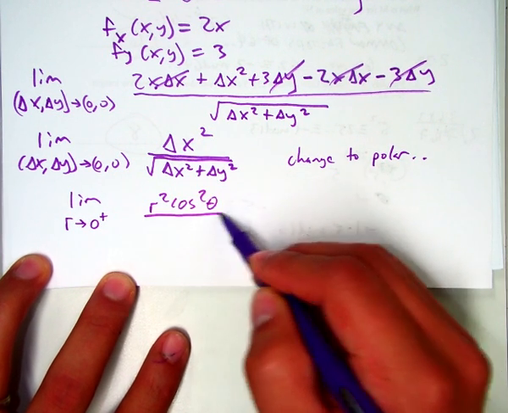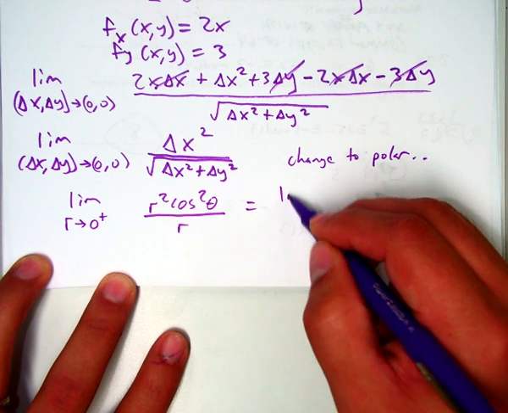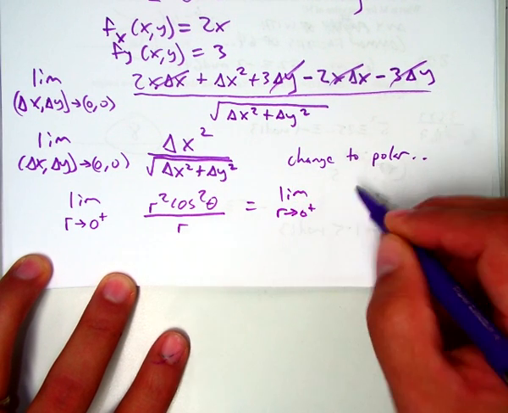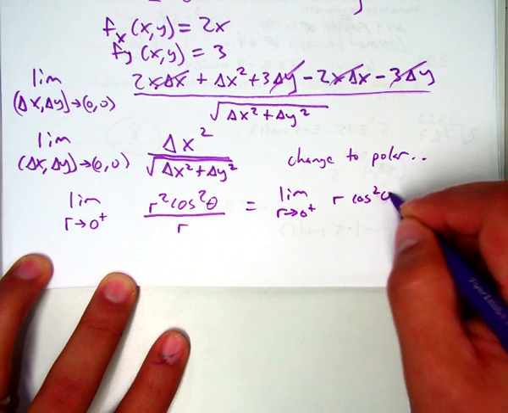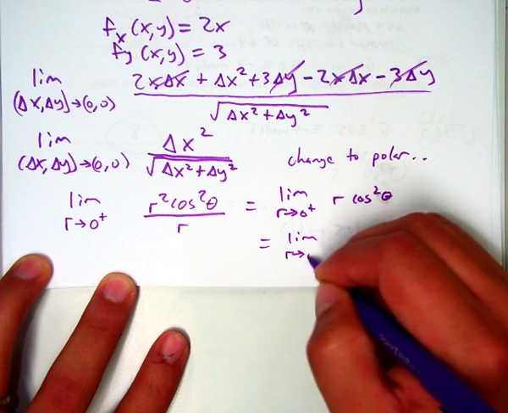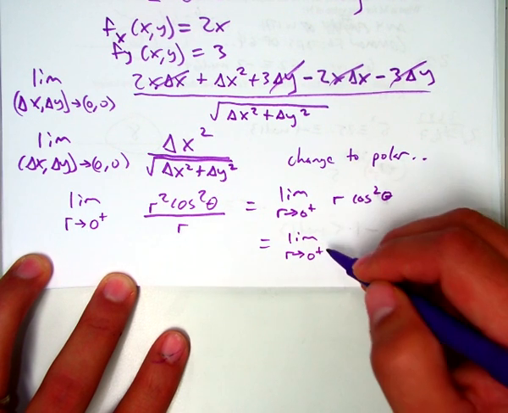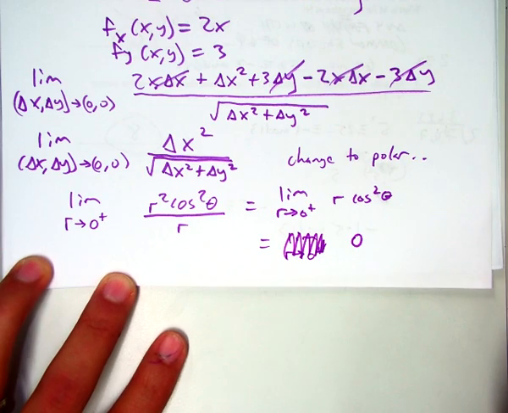Over r, which is the same as the limit as r goes to 0 of just r cosine squared theta, which is the same as the limit as r approaches 0 of, well, actually, it's just 0. Yeah, I don't know why I wrote that. It's 0. Yay.